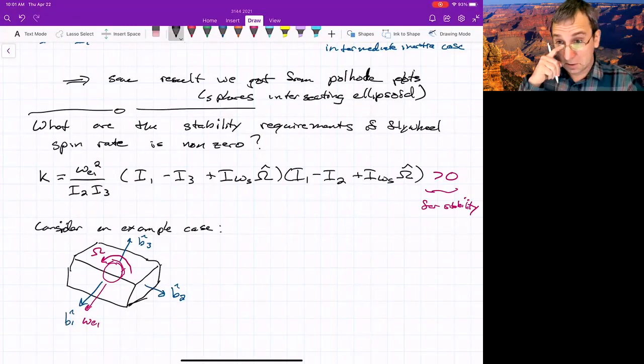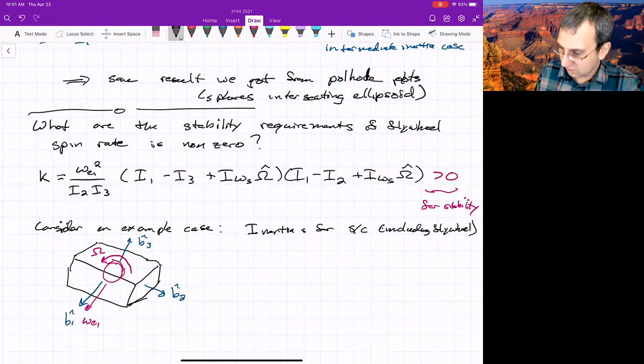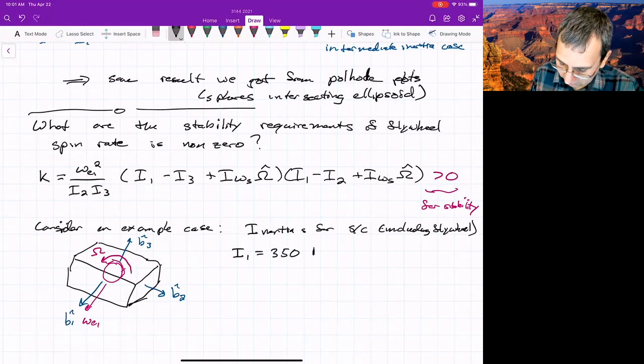Our example case, I'll give you some inertias. Let's say that the inertia, and this is the inertias for, in some sense, the spacecraft, including flywheel, because it is attached. We're not thinking of them as separate. It's attached. So the total inertias in these principal axes directions, we'll just use some nice round numbers, I1 is 350 kilogram meters squared.